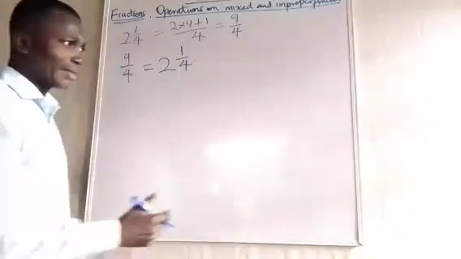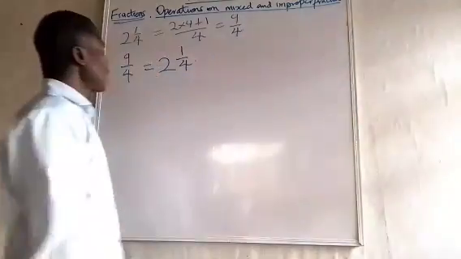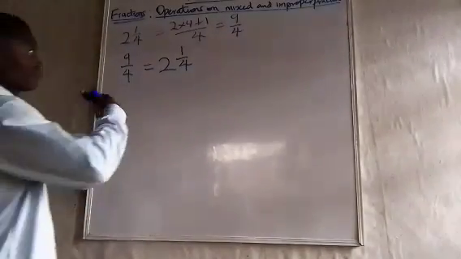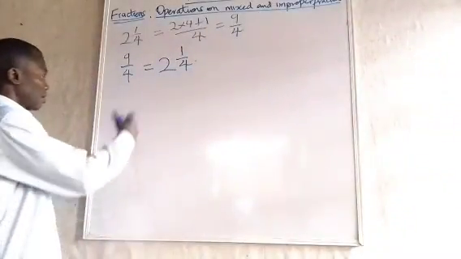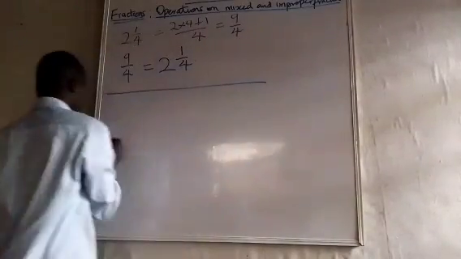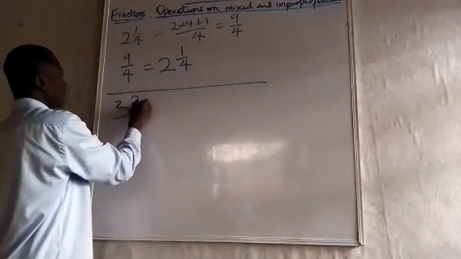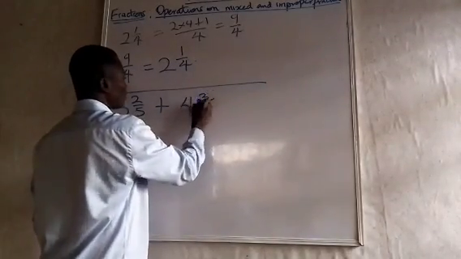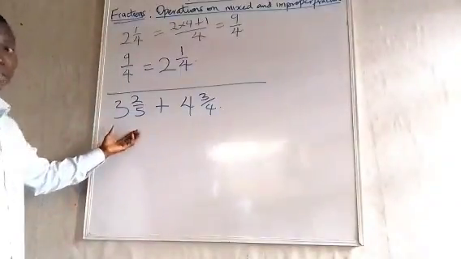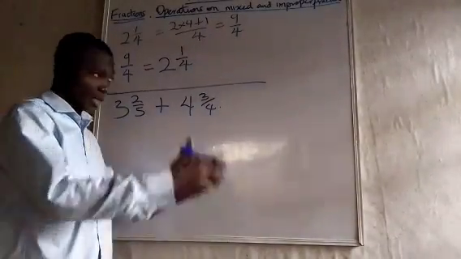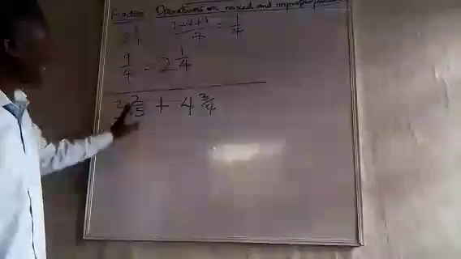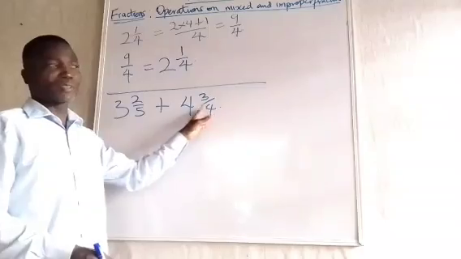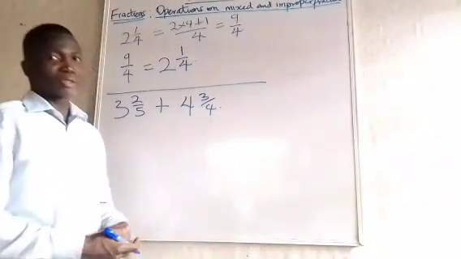Now, let's say I want to add two improper fractions or mixed fractions. Okay, let's use this one at least. Let's say 3 2 over 5 plus 4 3 over 4. You can initially convert them to improper fractions, or you add the whole numbers first, then add the fractions separately.